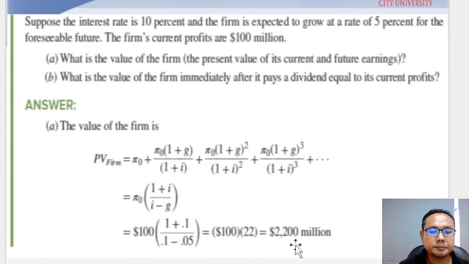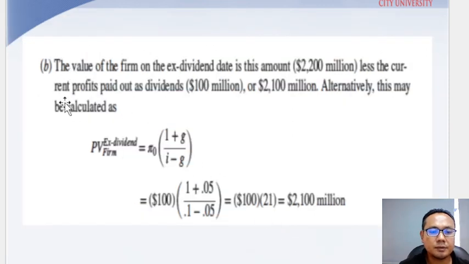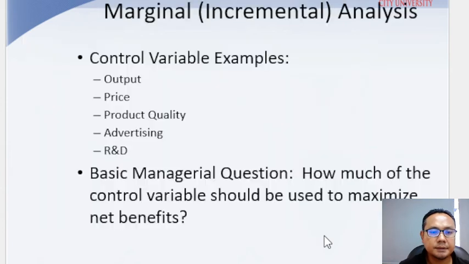And for answer B, the value of the firm on the ex-dividend date is this amount less the current profit paid out as dividend, or $2,100 million. So after you pay the dividend, alternatively this may be calculated through this formula. So it's a very straightforward and simple calculation here.